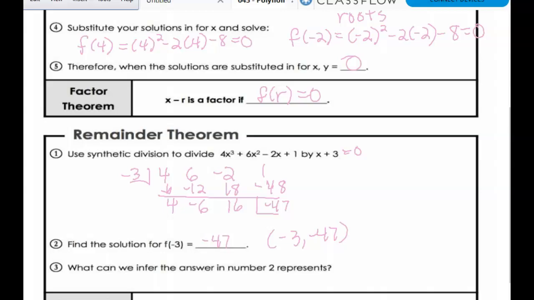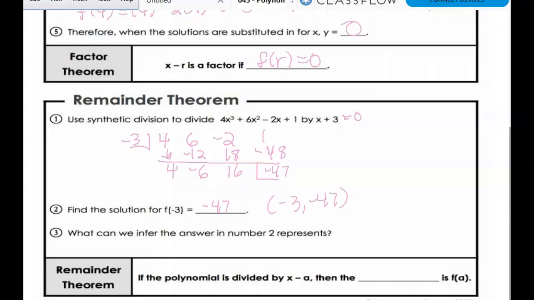Because when you look at this, it's hard to factor, right? This isn't as easy as the quadratics. They're longer and they're harder. So instead of factoring, we use synthetic division to determine whether it's a factor or not. So what can we infer the answer in number 2 represents?